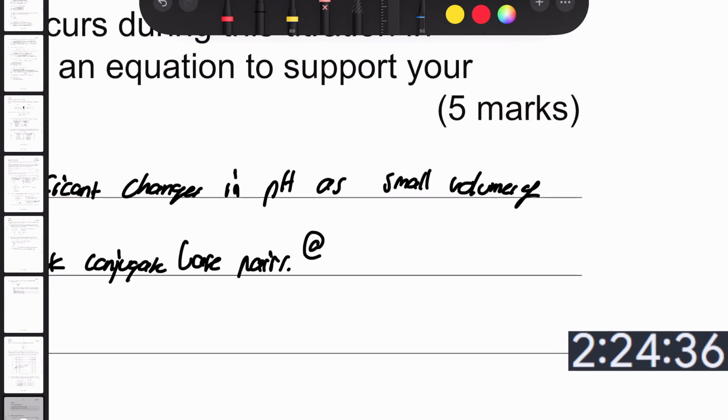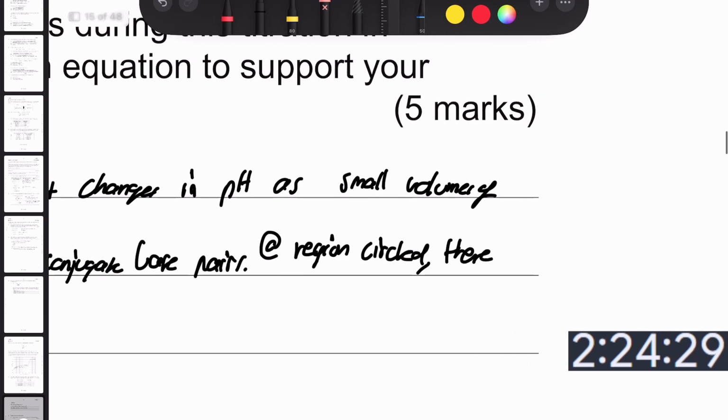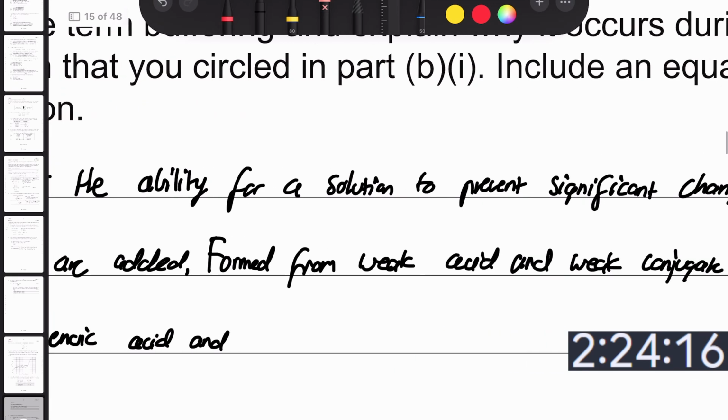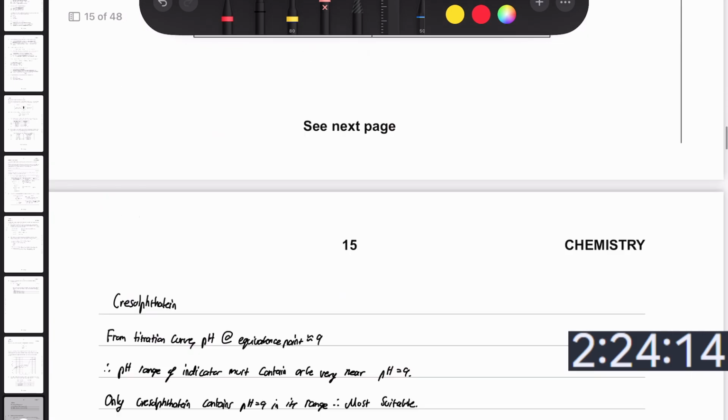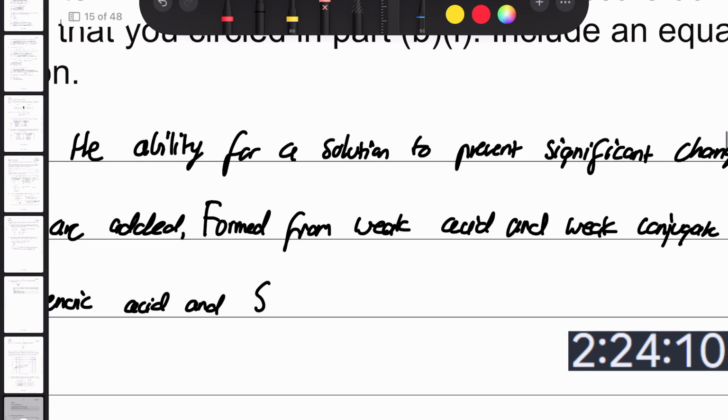So at the region circled, there is both benzenoic acid and sodium benzoate, benzenoate.